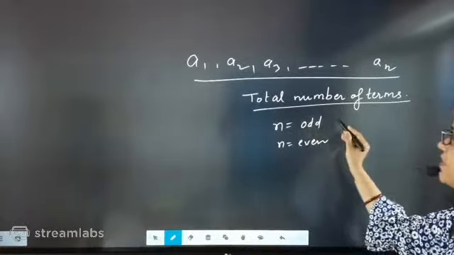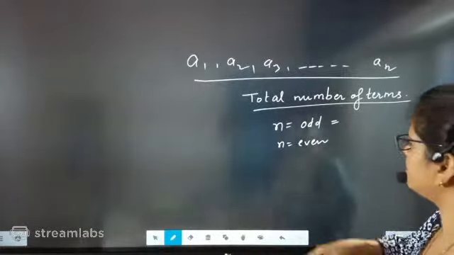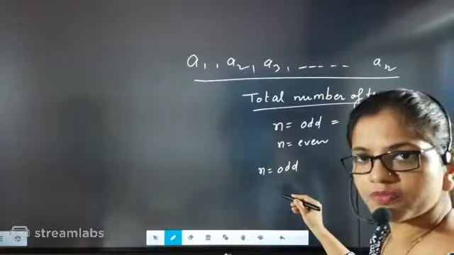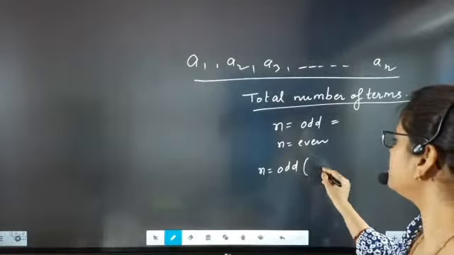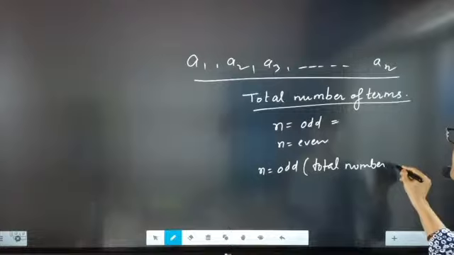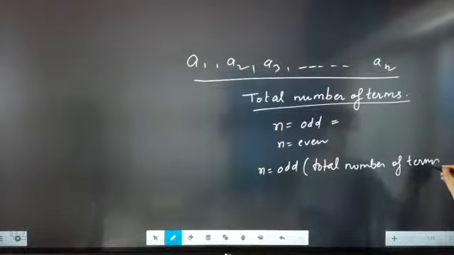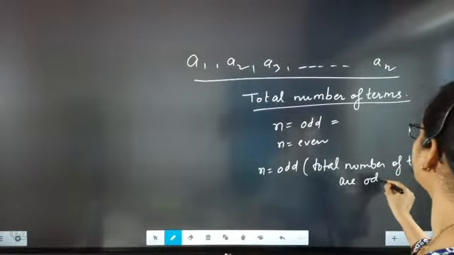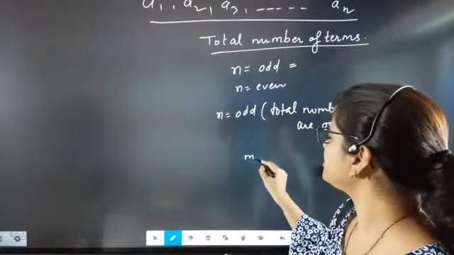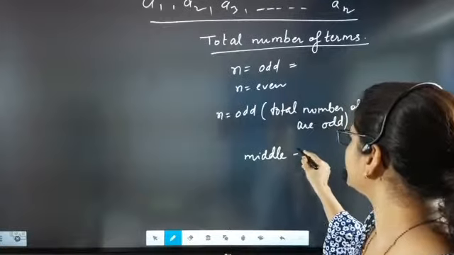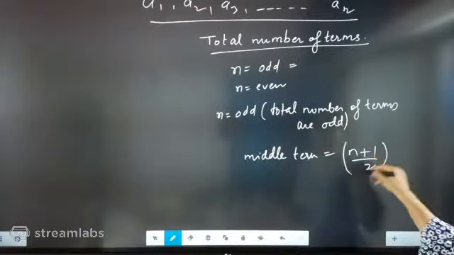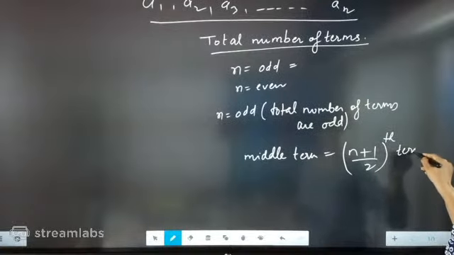So when n is odd, meaning the total number of terms is odd, what will happen, beta? The middle term formula will be the (n plus 1) by 2th term; that will give you the middle term.